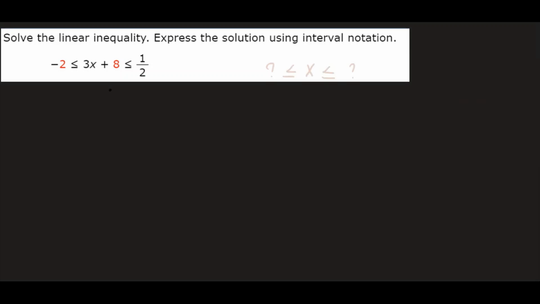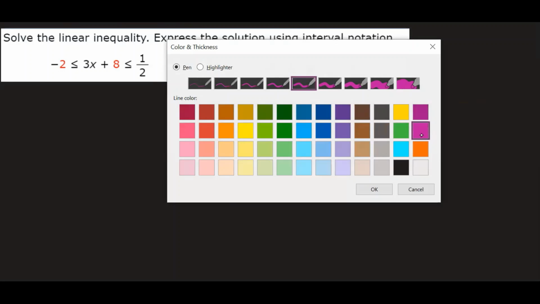So let's go ahead and start isolating x. I'm going to go ahead and multiply both sides, all sides, by 2. So take the entire inequality, multiply by 2 to get rid of that denominator. So we do negative 2 times 2 less than or equal to 2 times 3x plus 8 less than or equal to 2 times 1/2.